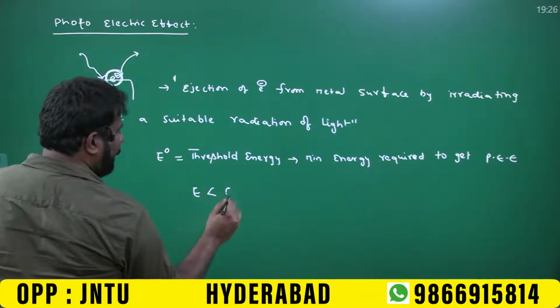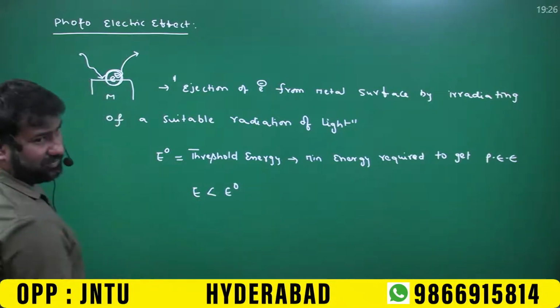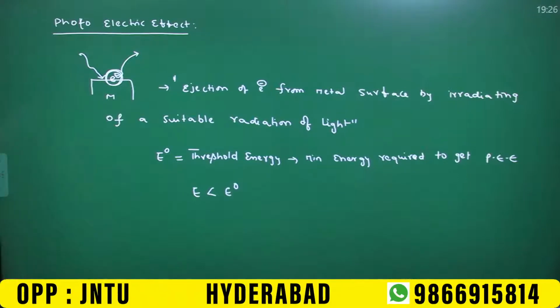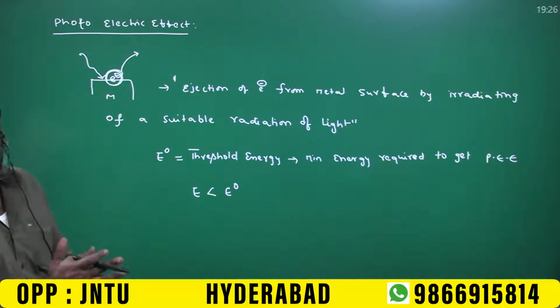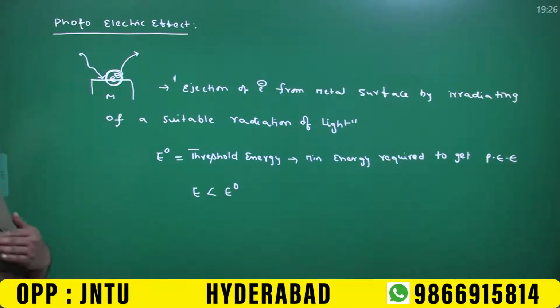If the energy of radiation is less than E naught, shall we get any photoelectric effect? For example, I need to supply 5 joules of energy to get the electron, the minimum energy. 5 joules is the threshold energy. If I am supplying less than that, can I get the ejection of electron?